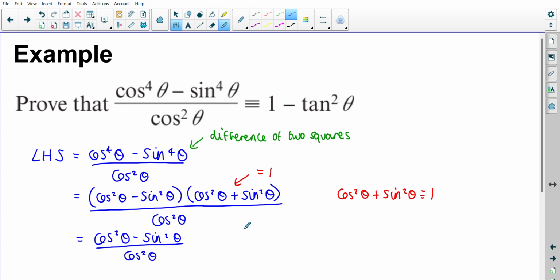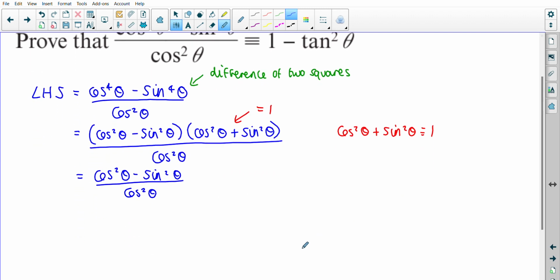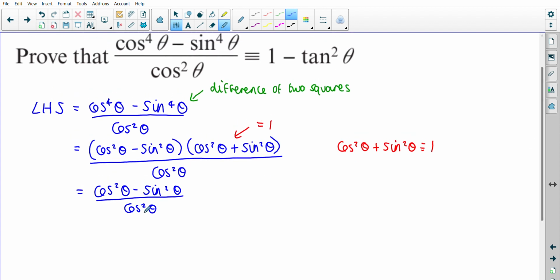So it's just 1 times the other bracket. Now I'm still thinking about how I can get a tan squared theta. So again, if you want to try changing sine squared theta to 1 minus cos squared theta, you can do. I'm going to show you another trick that's common with proof, and that's just going back to fraction basics.